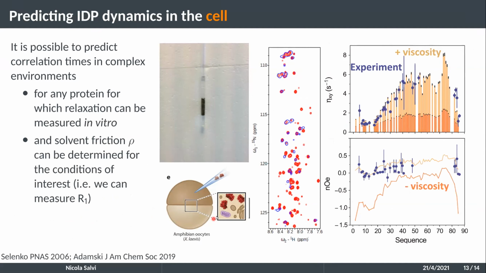And this is what we did here going into cells. So we measured the relaxation of MKK4 in oocytes. And you see that using our model, we can actually reproduce very well and actually predict very well the parameters measured inside.